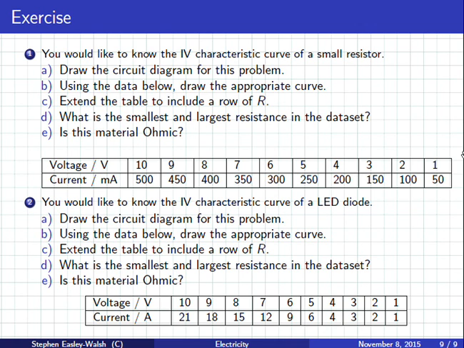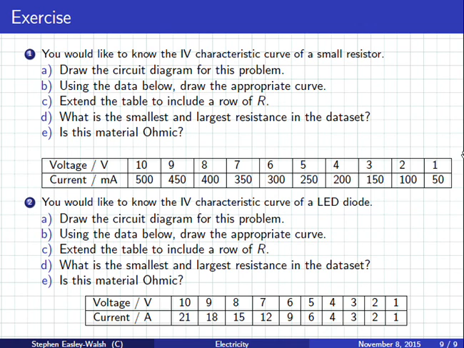But when the voltage and current are large, what's happening to the resistance? Now look at the values. Is it bigger or smaller? Bigger. So this material, as the voltage and the current gets bigger, you get more resistance. The resistance is not constant.